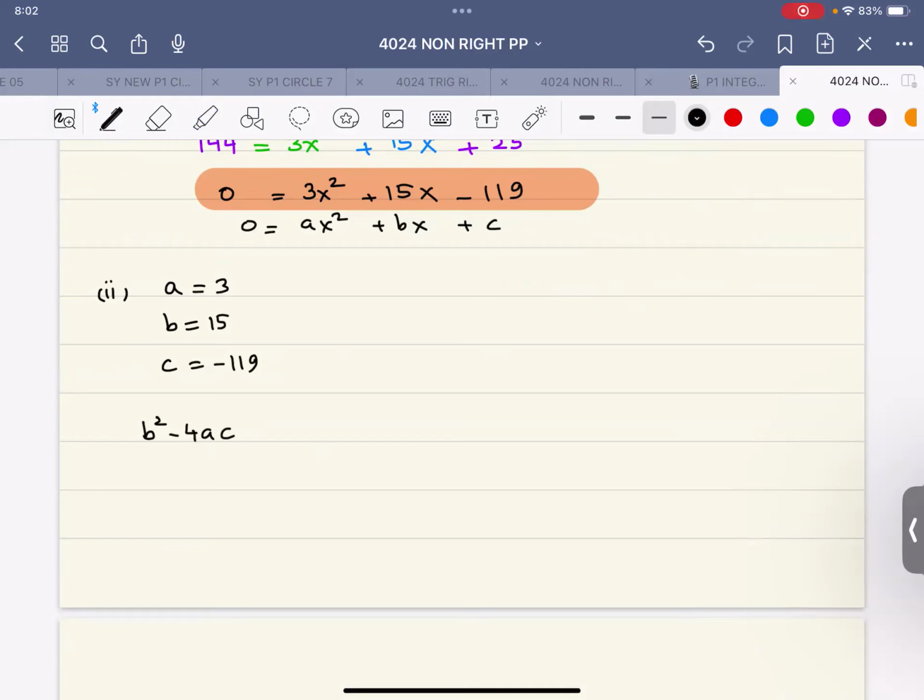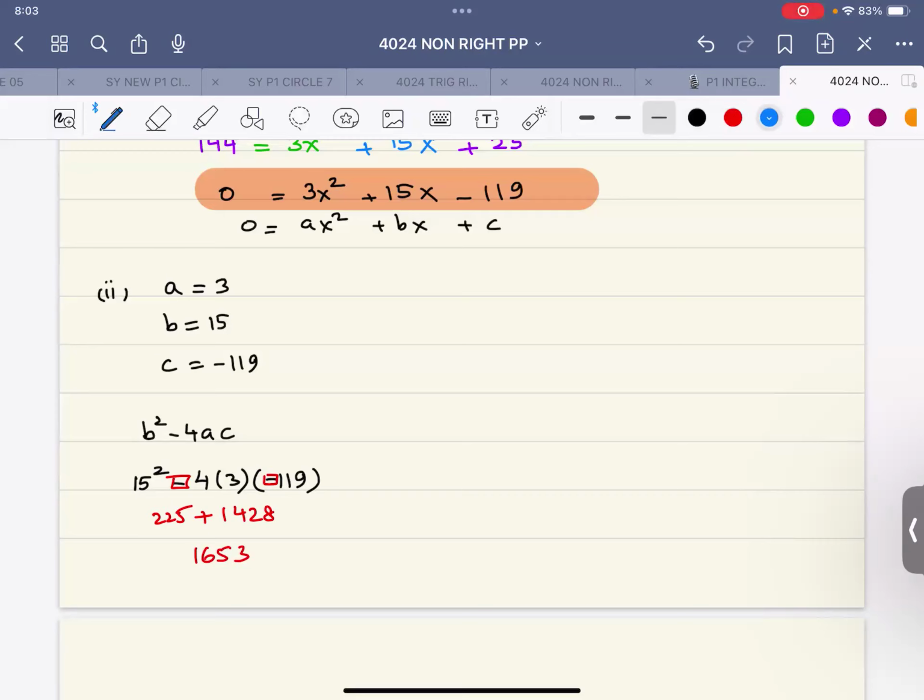So this is 15 squared minus 4 into 3 into negative 119. Now, again, be careful of all these things. These two negatives will become positive. So therefore, this is 12 into 119. So 12 into 119 is 1428, and 15 squared is 225. Therefore, 1653.